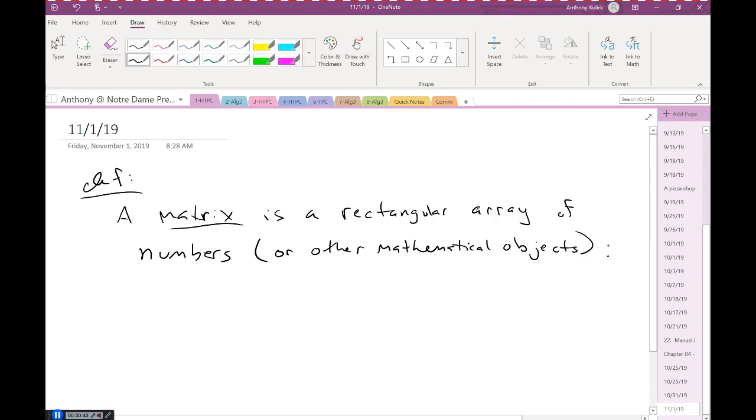A matrix is a rectangular array, and in this class primarily would be numbers, but these matrices could contain other kinds of mathematical objects like a variable or things that you haven't talked about in this course per se.